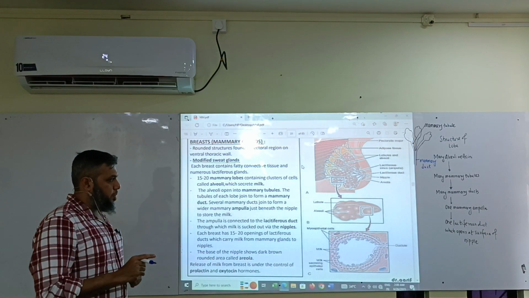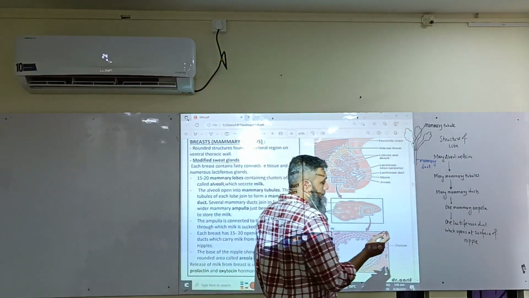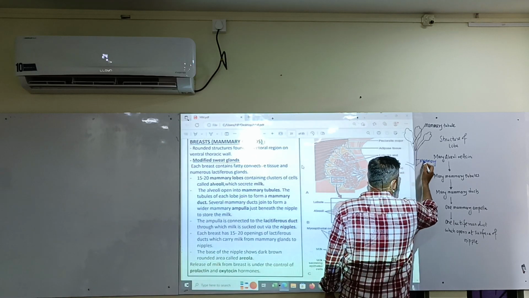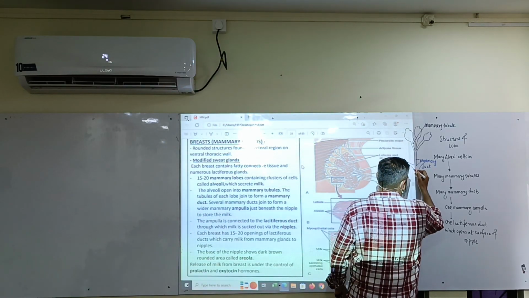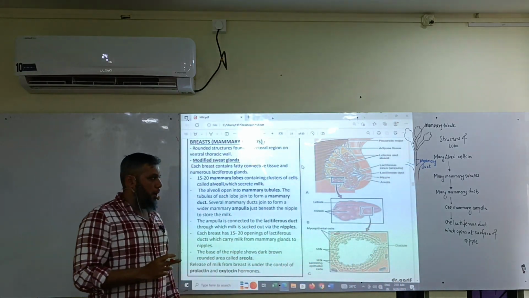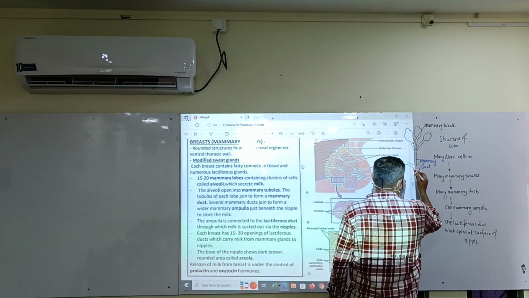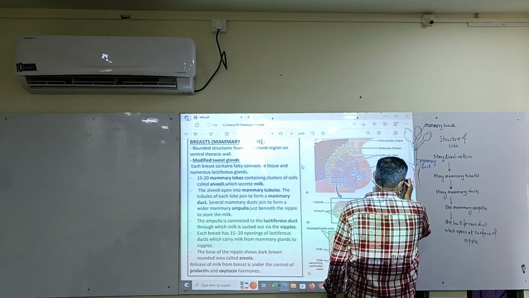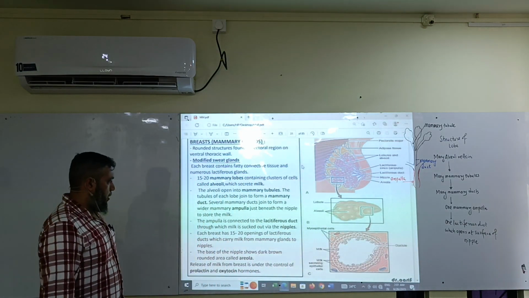Then children, let's move ahead. Now many mammary ducts. Where is Mr. Dubey? Look, Mr. Dubey. Many mammary ducts have come together, or many mammary ducts are opening into a dilated area, a little dilated area, and that dilated area is called as the ampulla.